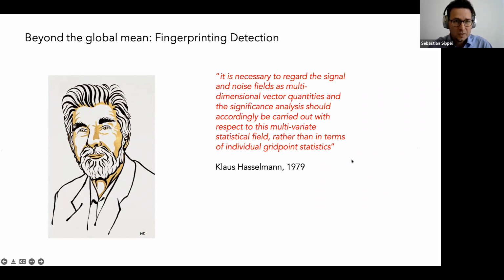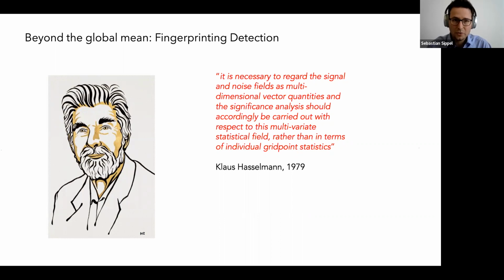Namely, he said it is necessary to regard the signal and noise fields as multidimensional vector quantities, and the significance analysis should accordingly be carried out with respect to this multivariate statistical field rather than in terms of individual grid point statistics. I do think that's remarkable, because in 1979 he is essentially saying that we need to use spatial or vertical information, because this is where we see distinct physical signals.